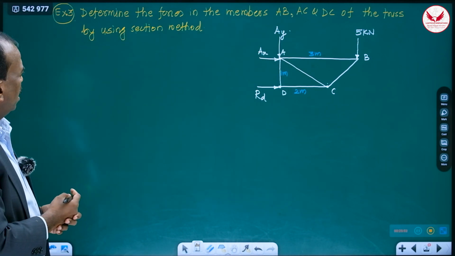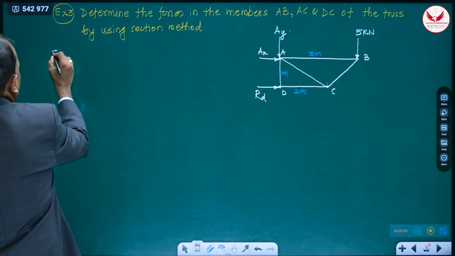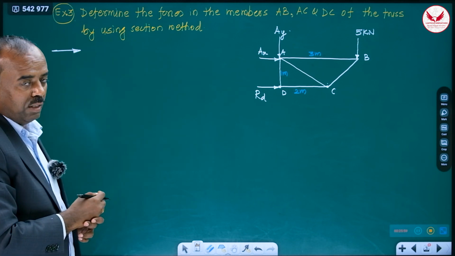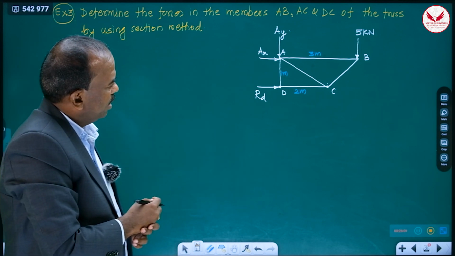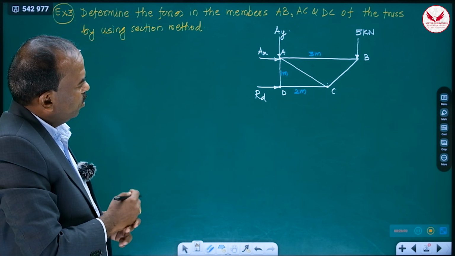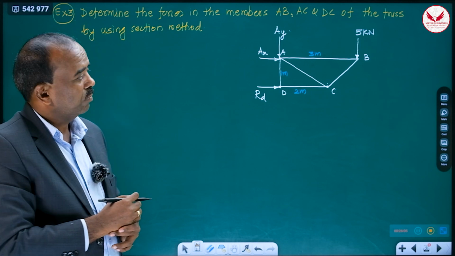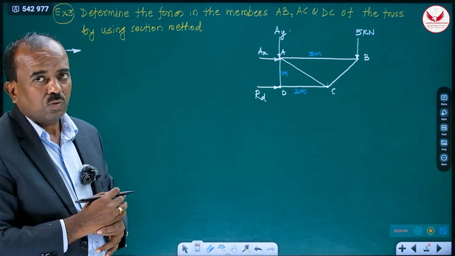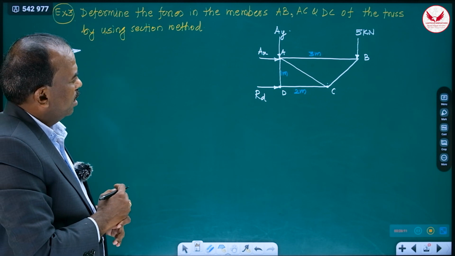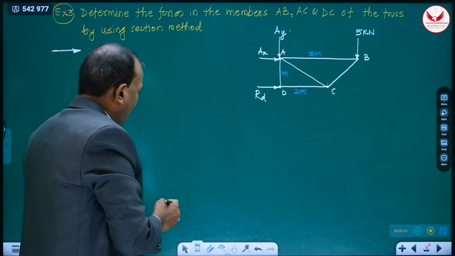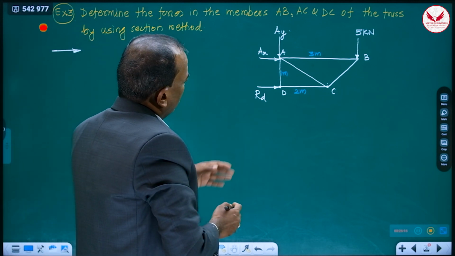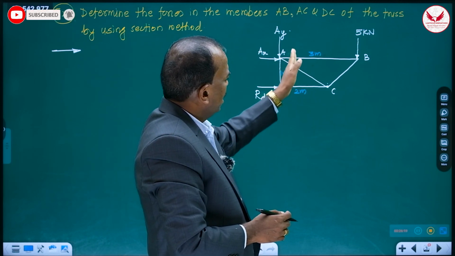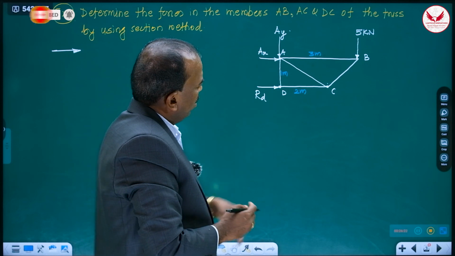And now again, the speciality of the problem of cantilever type of truss by using section method is that there is no need to find out the support reaction also. Then here what maximum we may need: whatever cut member is there, its inclination we will need.